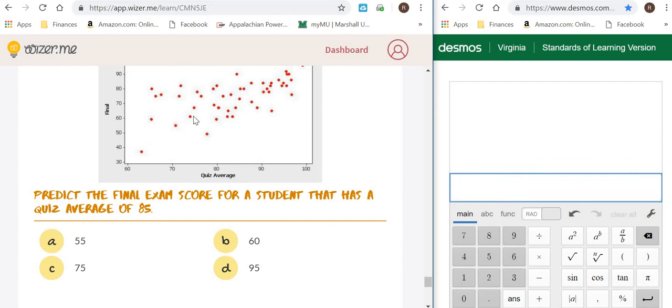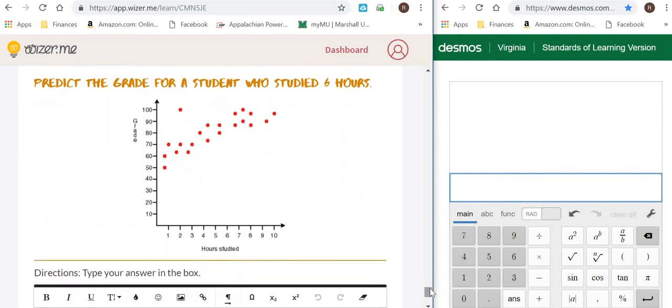The trend line would go straight right up through here. It's a positive trend, a positive correlation. If somebody has an 85 quiz average, it seems to me pretty likely that their final grade is going to be somewhere between 70 and 80. So we're going to pick 75. All right.